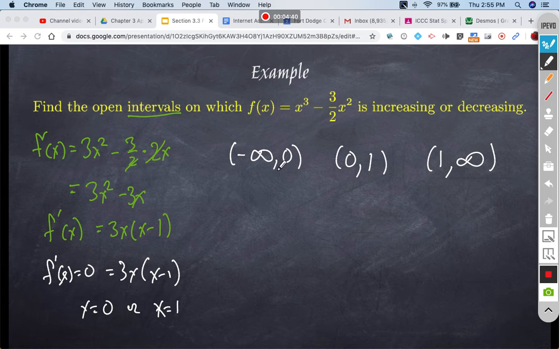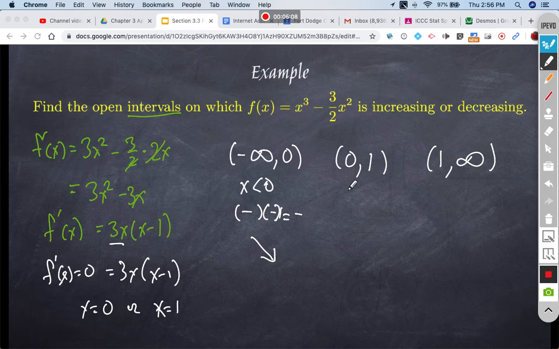So we say, what's going on here? If x is less than 0, then 3x is going to be negative, and x minus 1, a negative number minus 1, is going to be negative. So I have a negative times a negative gives me a positive number. So this is going to be increasing.